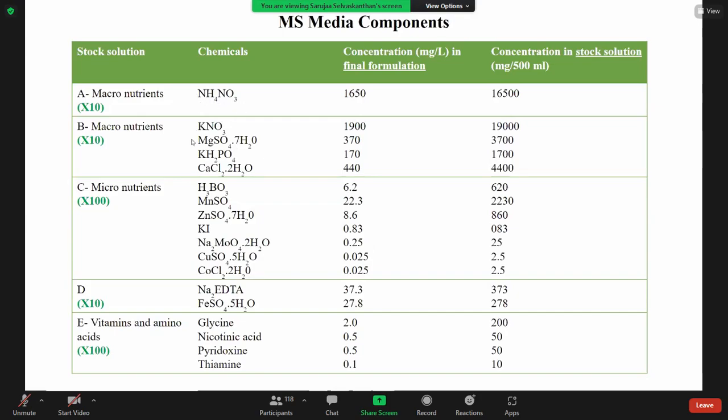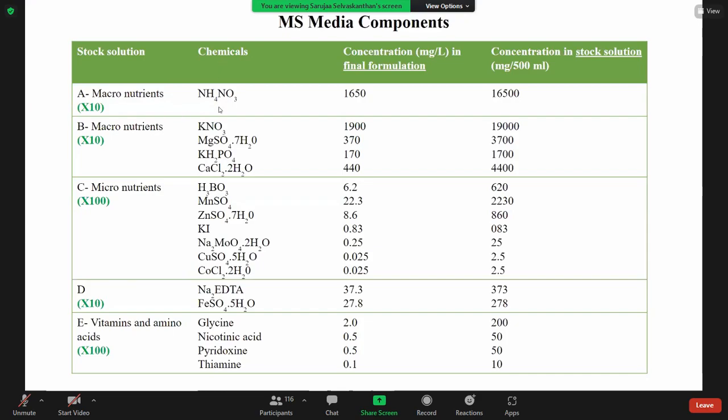For all the nutrients, we have to add these chemicals, like magnesium sulfate.